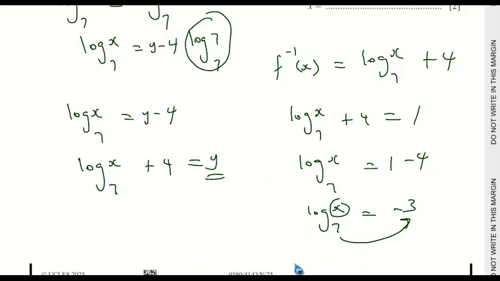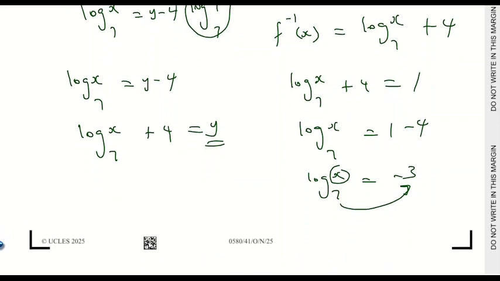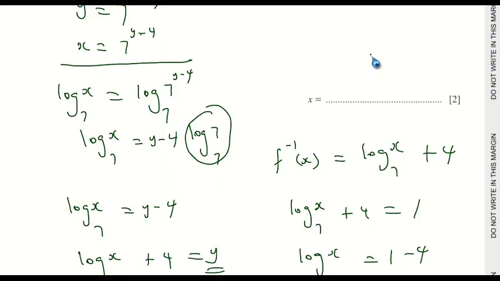So I can say that 7 to the power of negative 3 equals x, which is now easy for us to get the value of x. So this is the same as 1 over 7 to the power of 3 equals x. Finally, x equals 1 over 343.